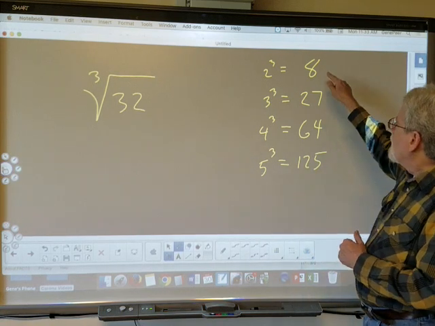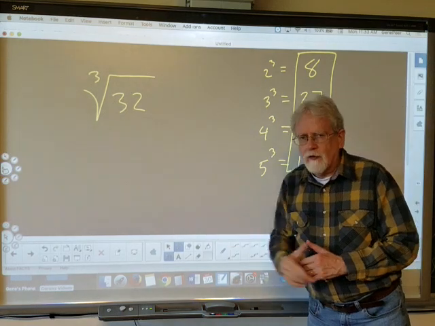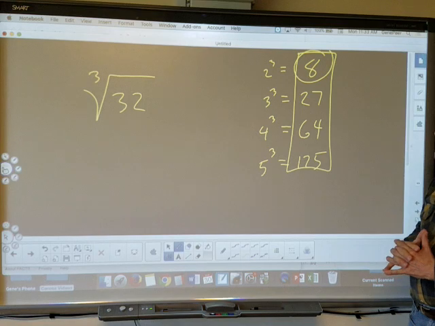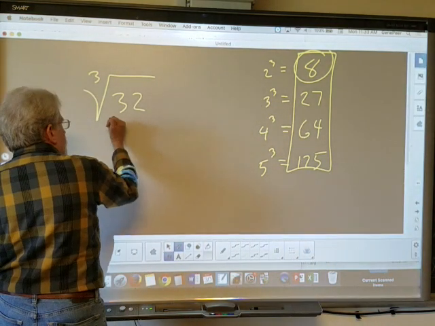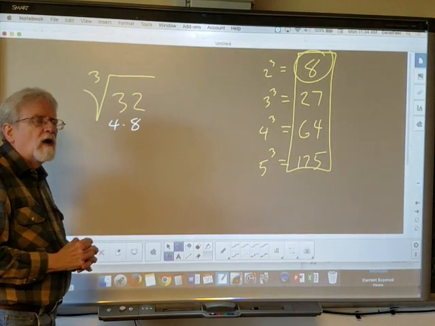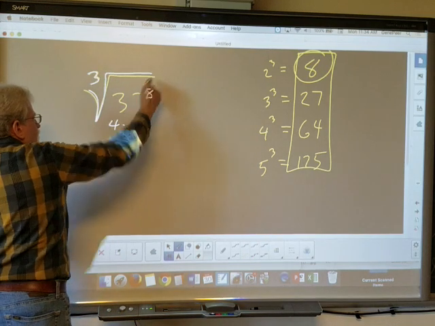So we want to know, are there any perfect cubes that will go evenly into 32? And of course, yes. 8 goes evenly into 32. So that 32 can become 4 times 8. Why do we care? We care because we know the cubed root of 8.